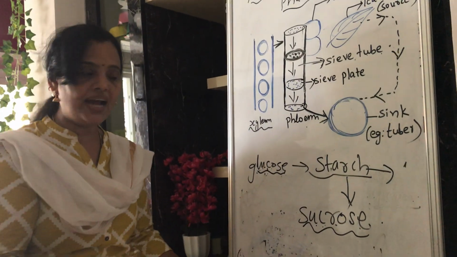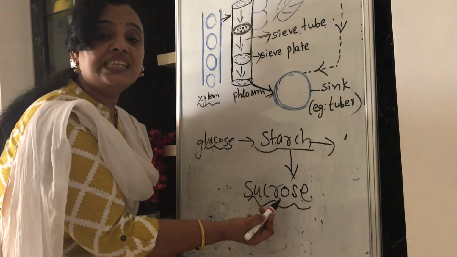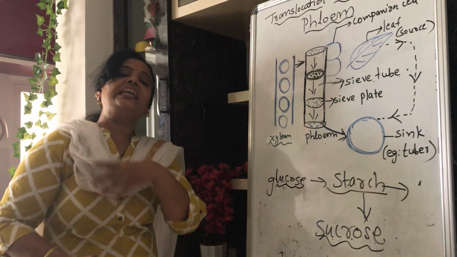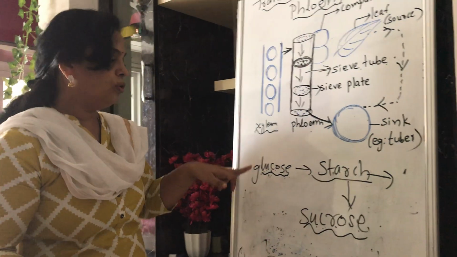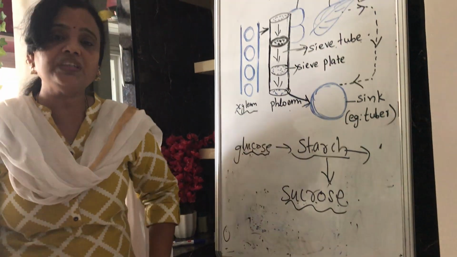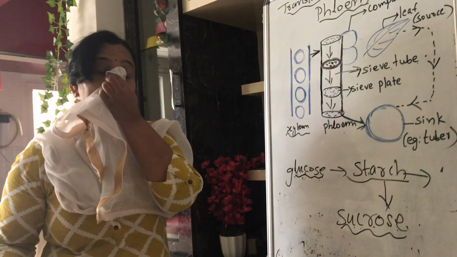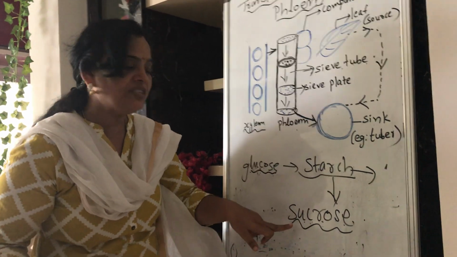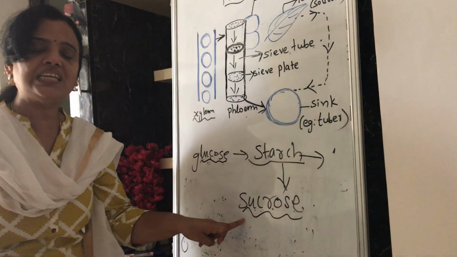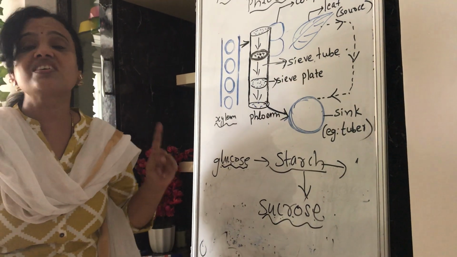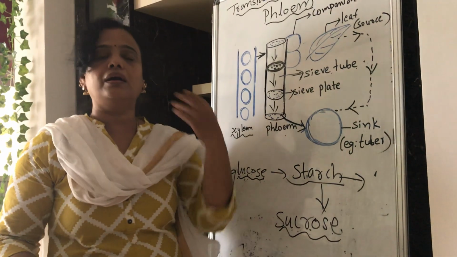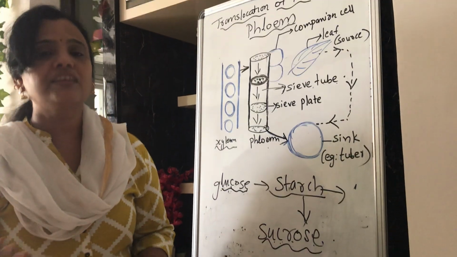Second reason is it doesn't react with other molecules and form any other compound. Whereas with glucose, there is a possibility while it gets distributed, it can react with other molecules and form intermediate compounds. So two reasons: it is an efficient energy carrier and it doesn't react with other chemicals to form another compound.